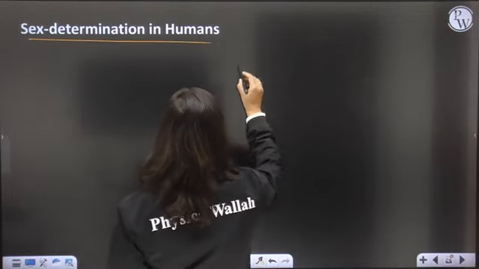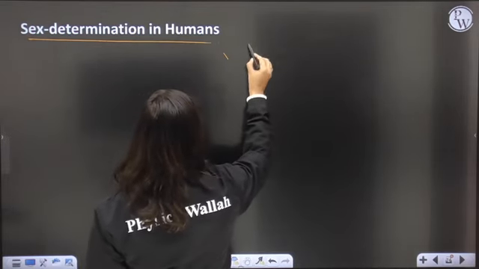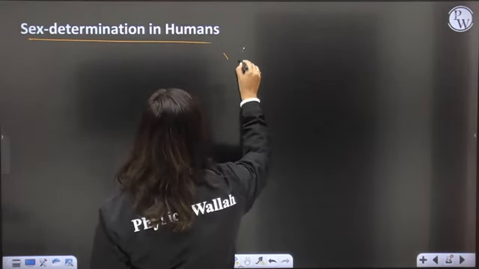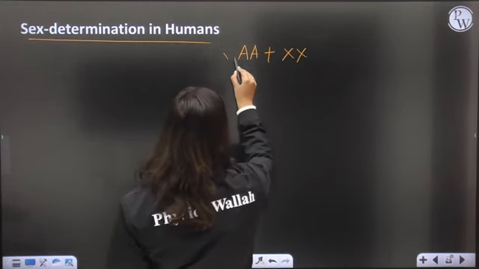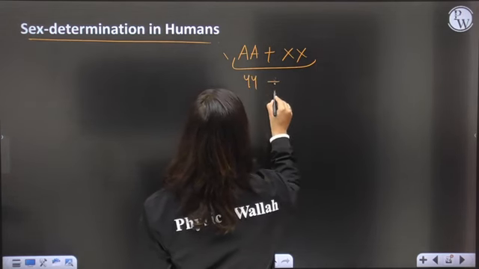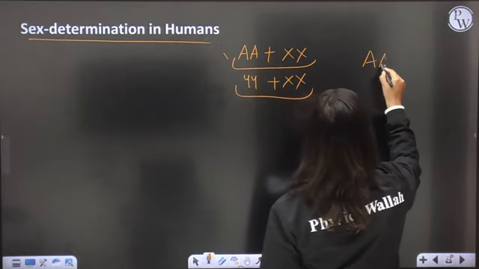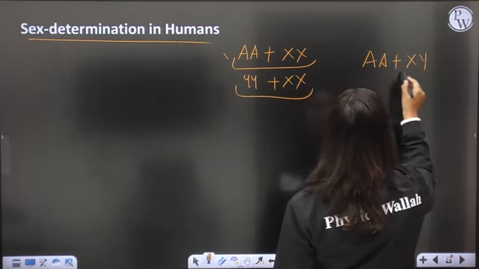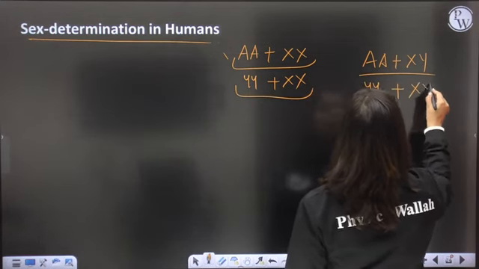Sex determination in humans is XX-XY type. That means in our case, we have AA plus XX females. AA stands for 44, and XX is the female, and AA plus XY, that is 44 plus XY, is the male.